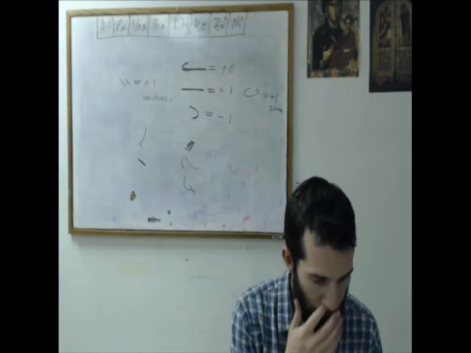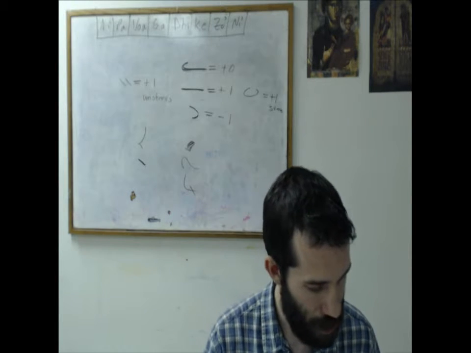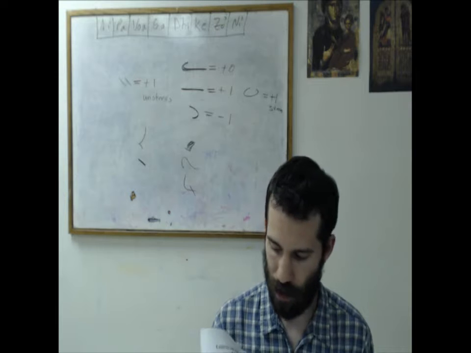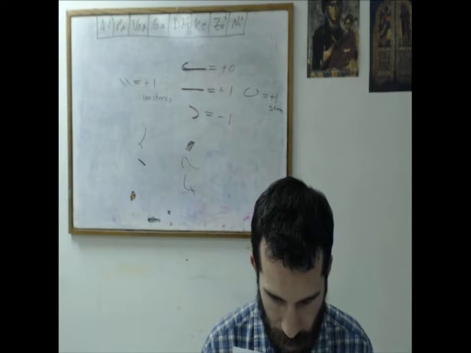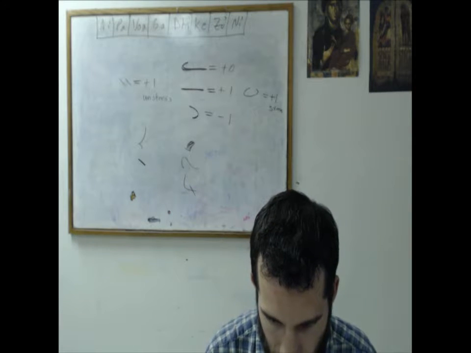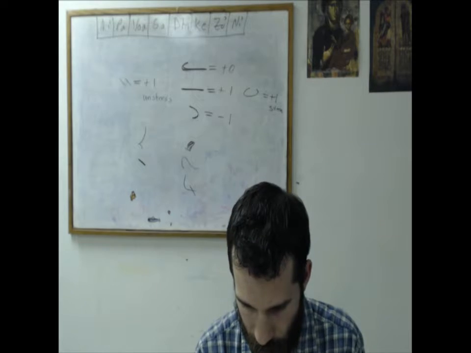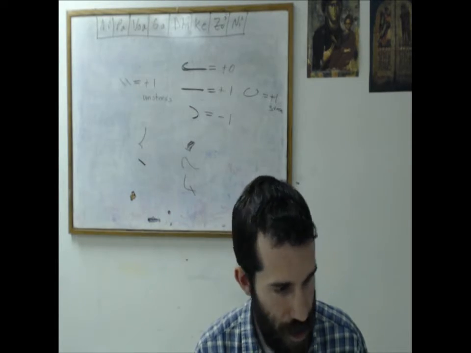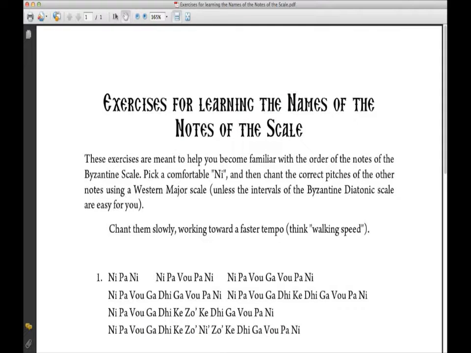Before we get into some of the actual notation exercises, do you have the exercise for learning the note names? Has anyone looked at this? Essentially, we'll do them pretty slowly, but eventually, in Western music, people get these to a very quick tempo.